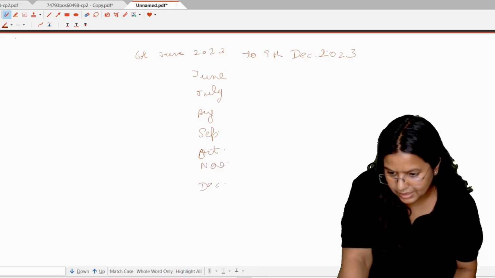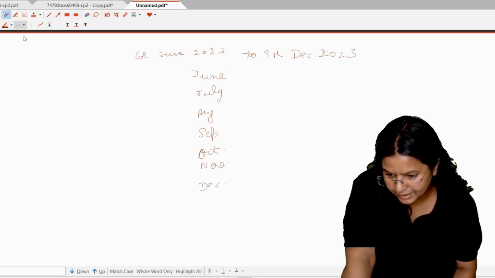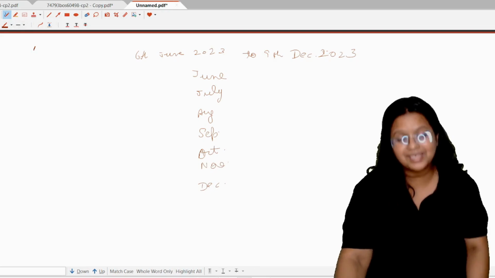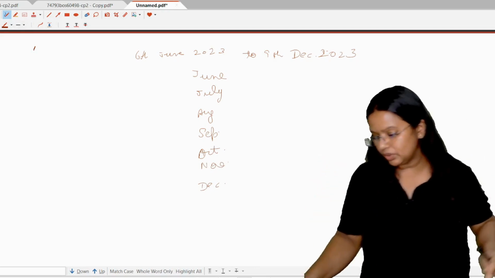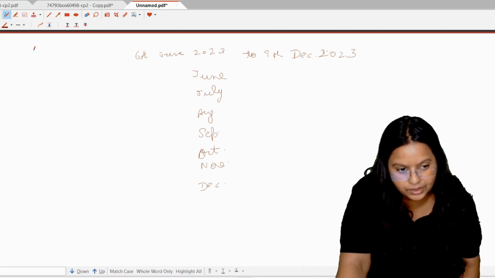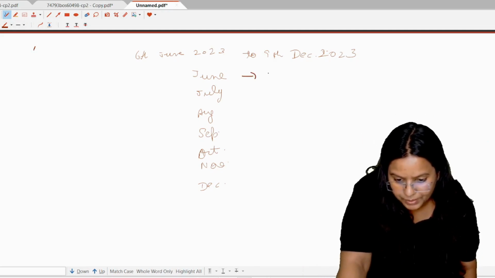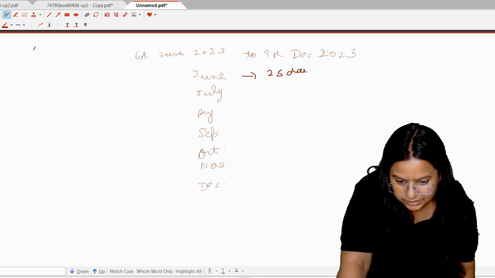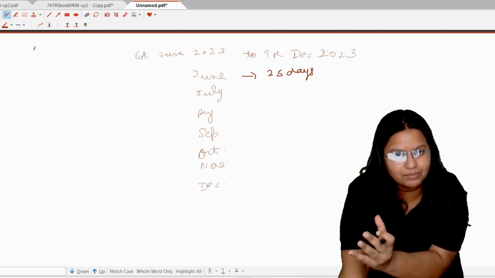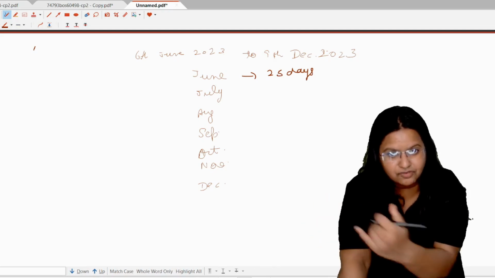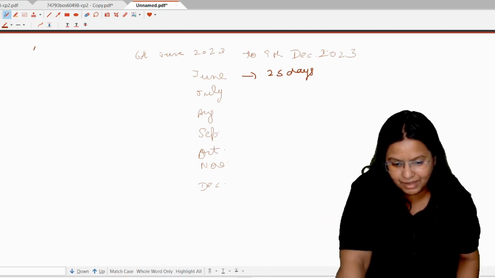These are the particular days when that person was not present in India. So 6th June, it means 5 days in June, 1st to 5th June, he was in India. So we have to calculate it from the 6th June. So basically these are 25 days, because there are total 30 days in June, deduct 5 days, that is 1st to 5th June, so the balance is 25 days.